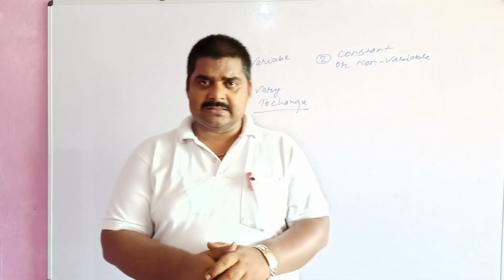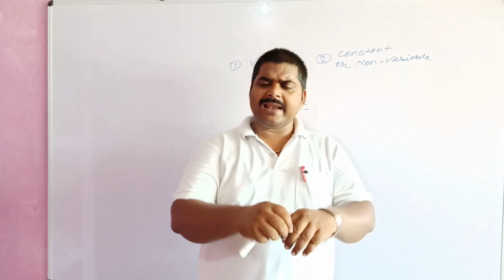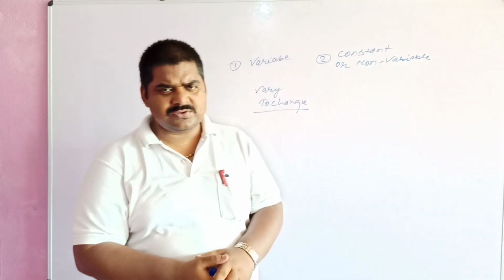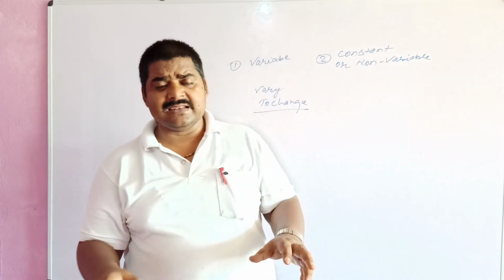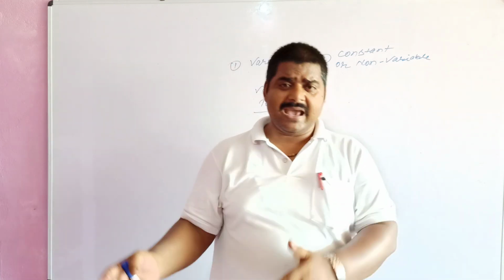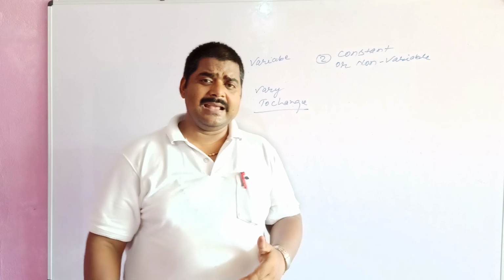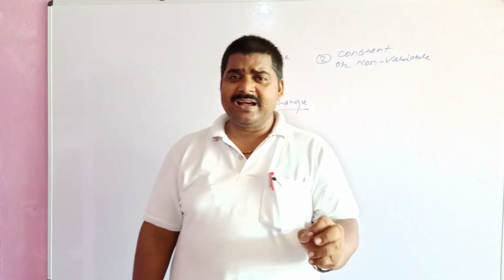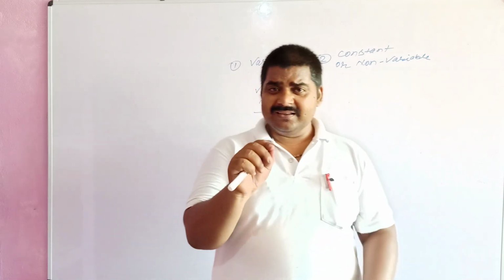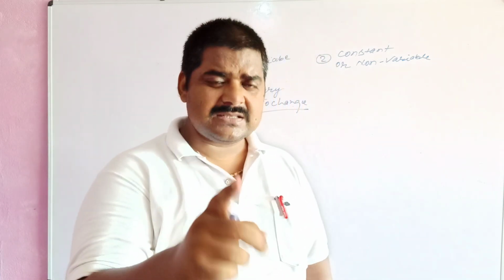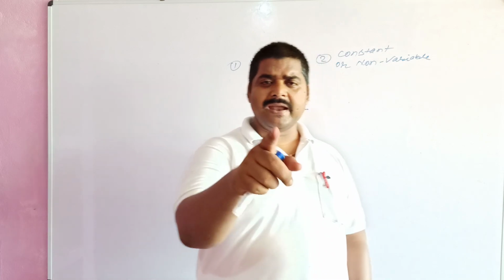And not only X, any letters can be used to express variables. You have seen several letters like X, Y, Z used in this chapter, and wherever they are present, it refers to variables.